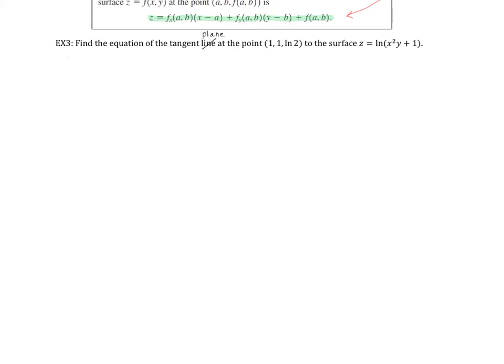I need the partial derivative with respect to x. That should be 1 over, because it's natural log, the argument x squared y plus 1 times the derivative with respect to x of the argument. So that looks like 2xy.